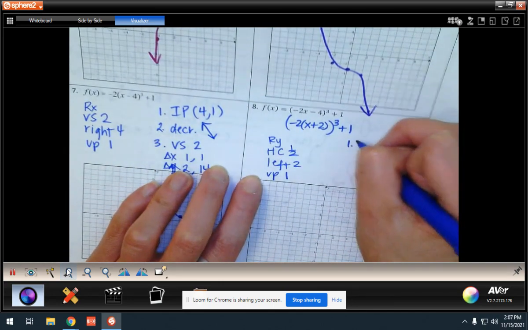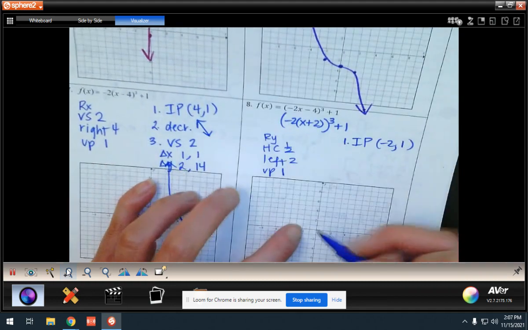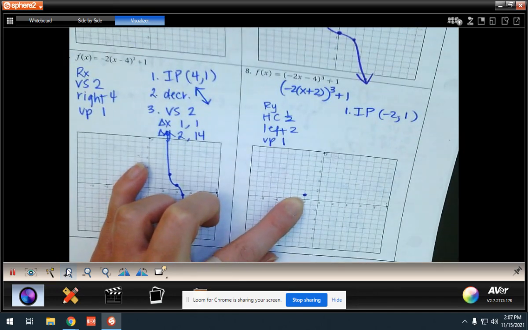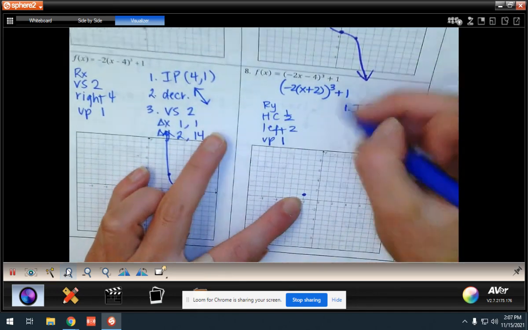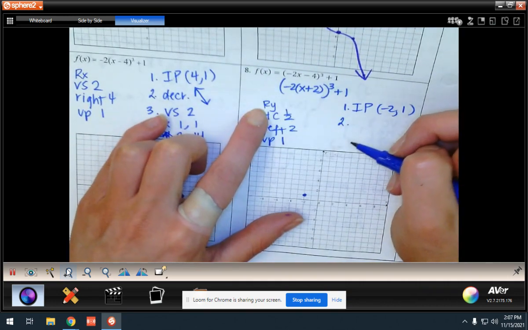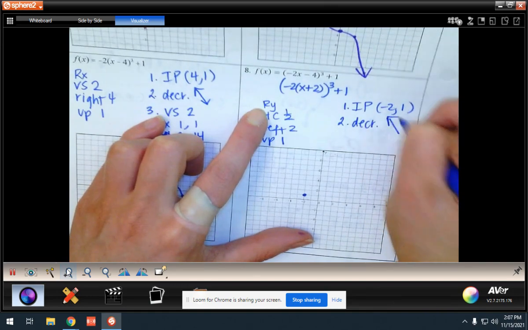Okay, so step 1, the inflection point is -2, +1, right there. Step 2, because we have 1 reflection, it's about the y-axis, we have a decreasing function.